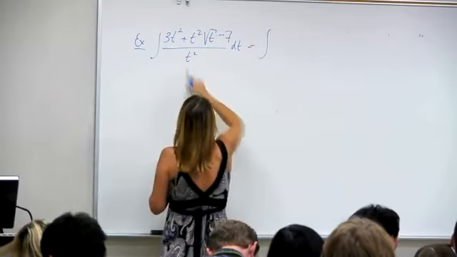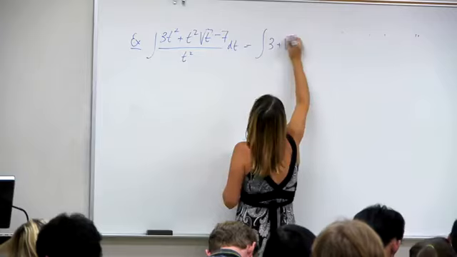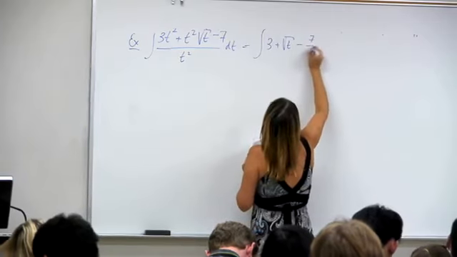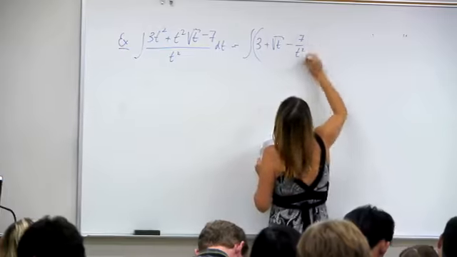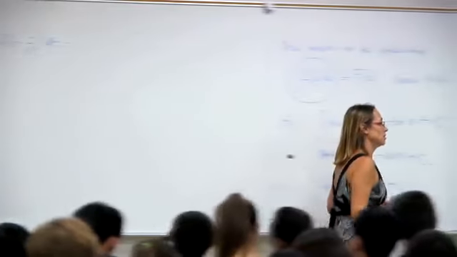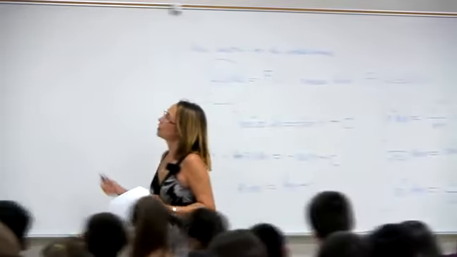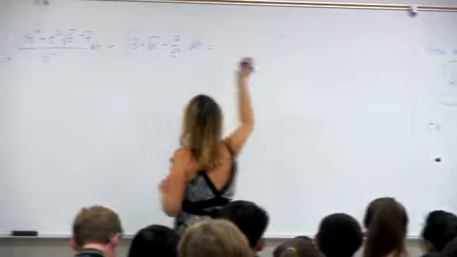So I'm going to divide through by t squared. I get 3 plus square root of t minus 7 over t squared dt. And now I can do something. So this is now an antiderivative. It's going to be a function of t. And I can do it term by term.